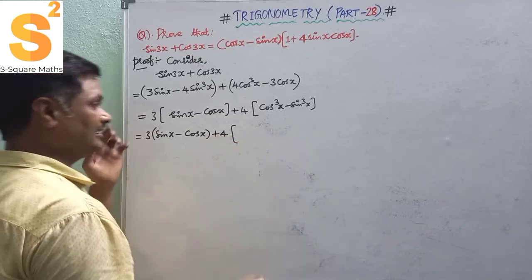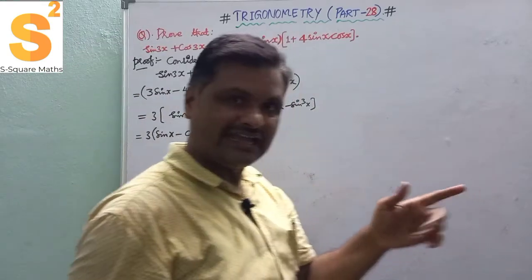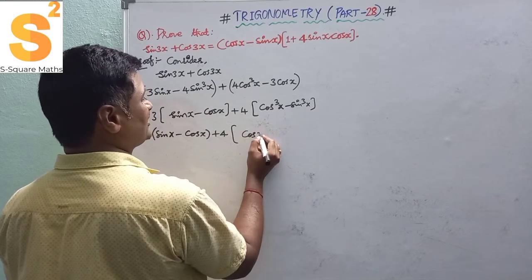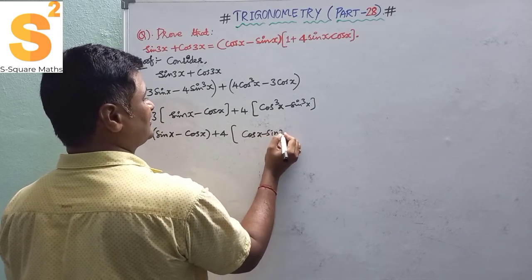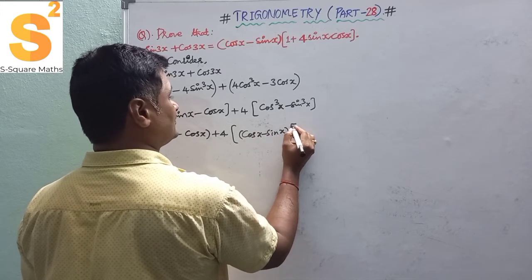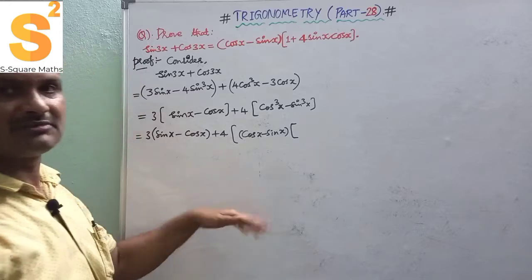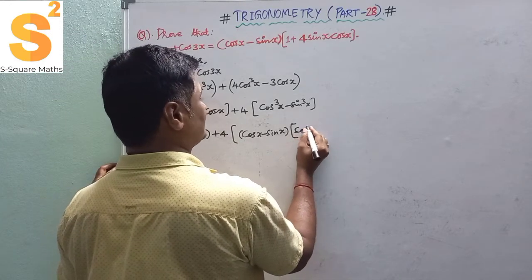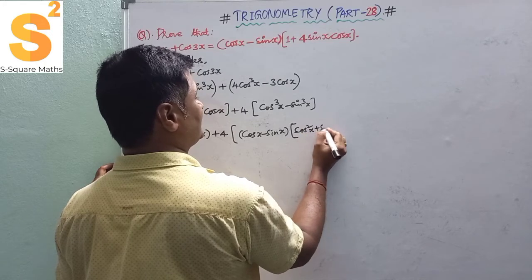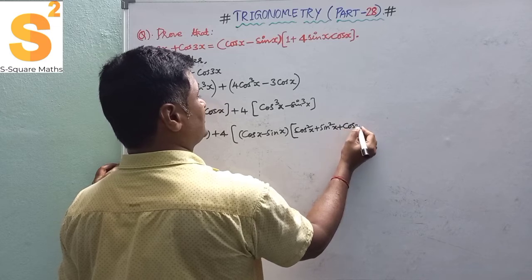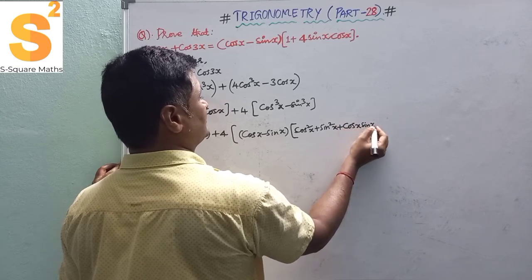So I am writing here, I am going to apply a cube minus b cube. So nothing but here a minus b, cos x minus sin x, into a square plus b square plus ab. So nothing but cos square x plus sin square x plus cos x into sin x.